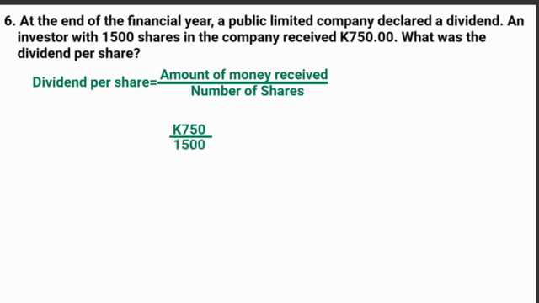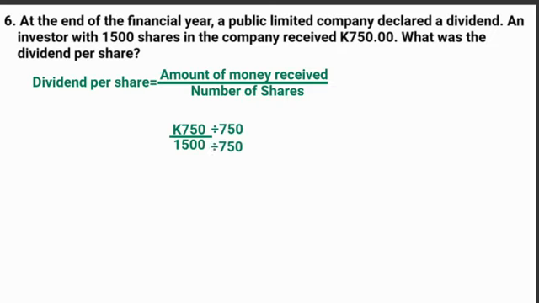Okay, now once we have done this, as you can see, the number on top is smaller than the number which is down. So we're going to find the highest common factor of 750 and 1,500. The highest common factor of these two numbers is 750 itself. So we're going to divide both sides by 750.